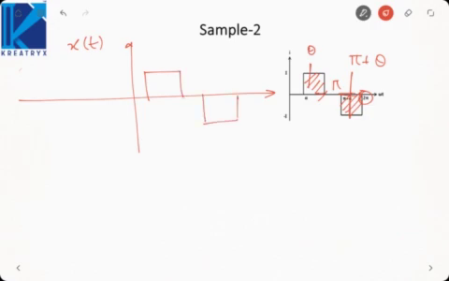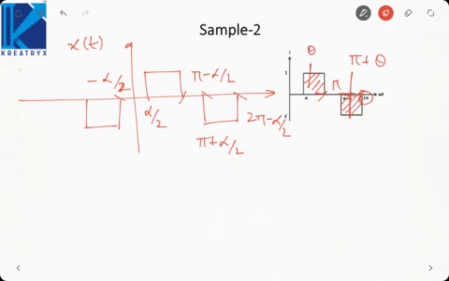First see this: alpha by 2, pi minus alpha by 2, pi plus alpha by 2, then 2 pi minus alpha by 2. So what I have done is I have shifted it left by an angle alpha by 2. So x(t) is equal to I(t plus alpha by 2). We have shifted by an angle alpha by 2.